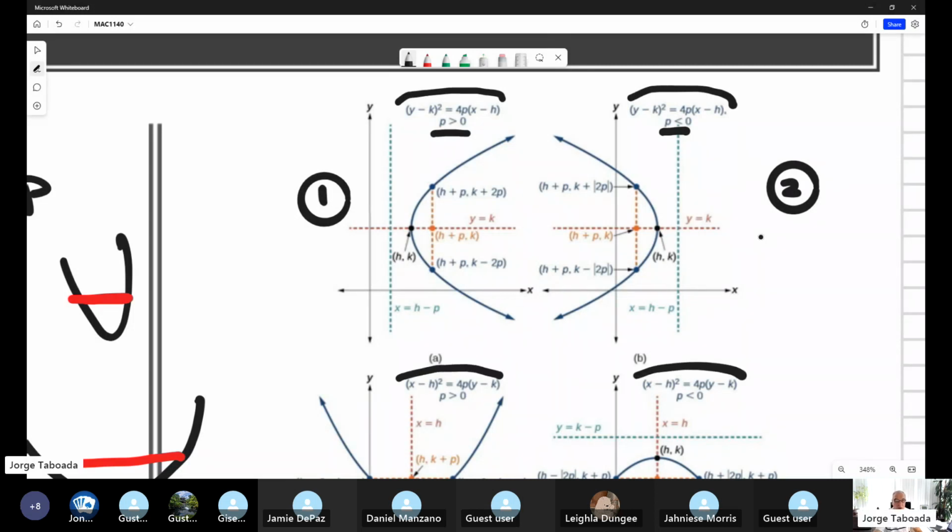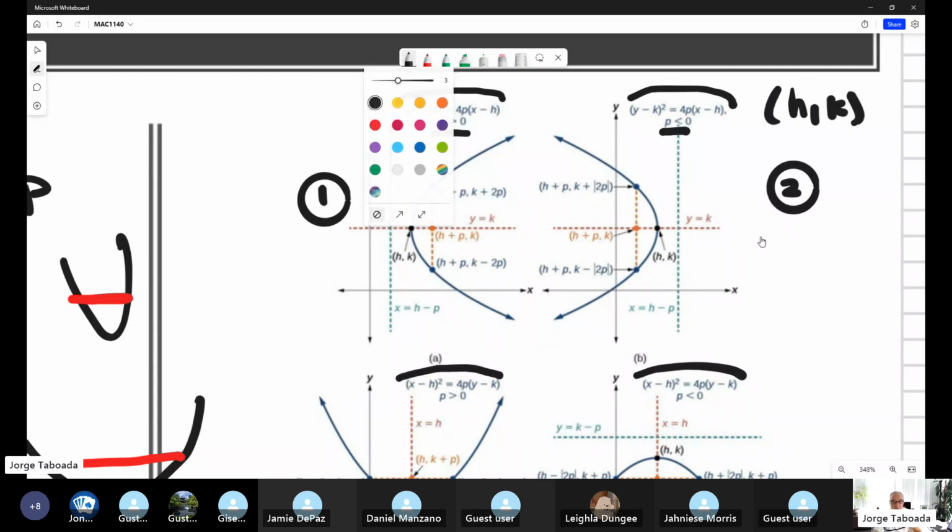Let me try to make this easy to understand, because if you include H and K, it's more complicated. H and K is the coordinate H, K, which is obviously the coordinate of the vertex. So the vertex is H, K in any parabola, always.